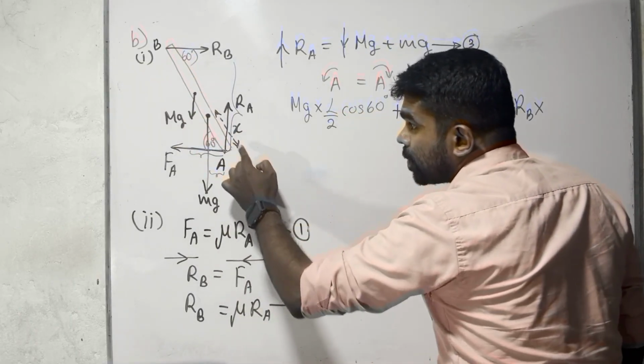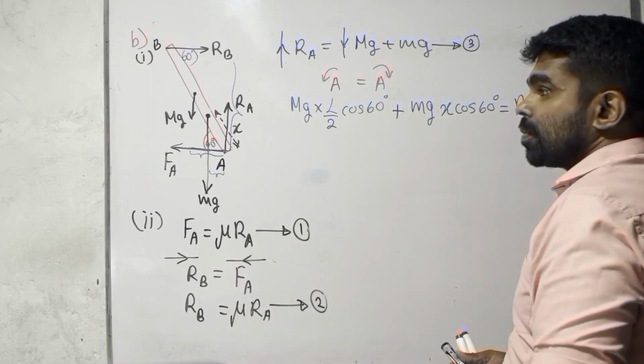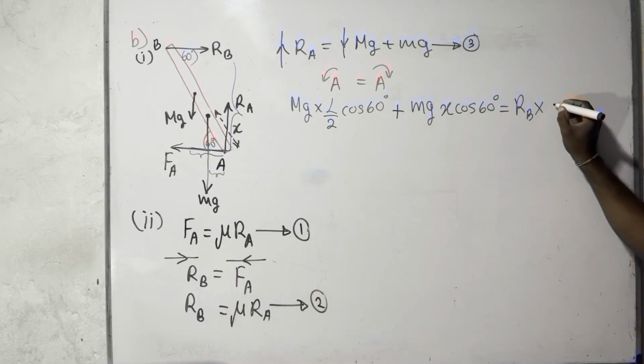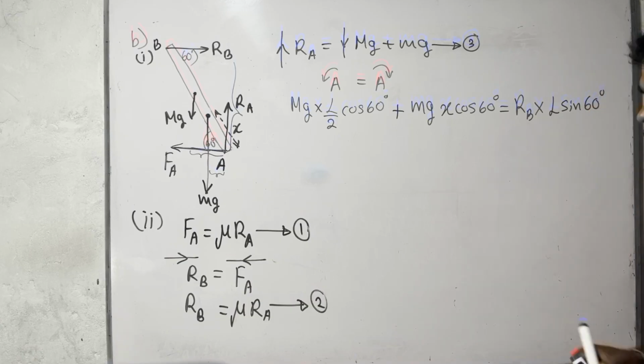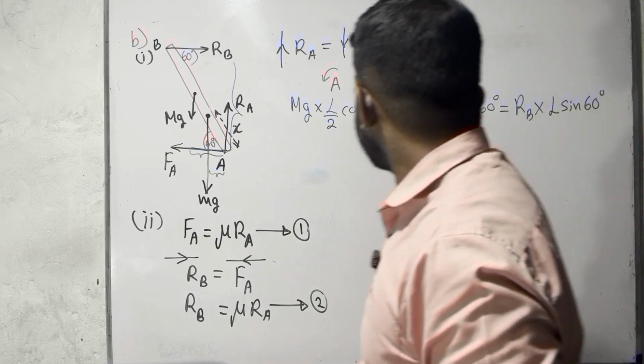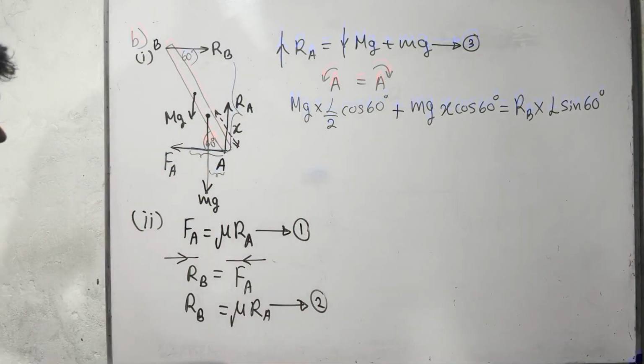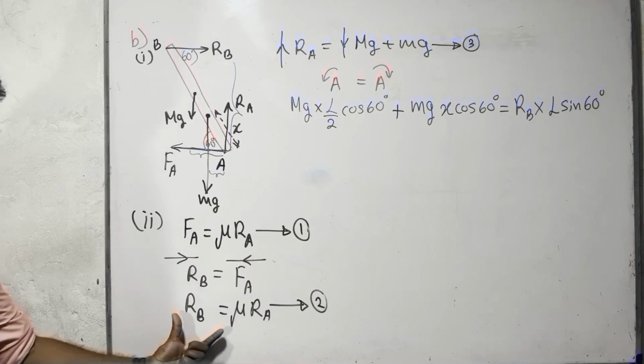Hypotenuse is capital L, we have to get the opposite. Then we write L sin 60. Right now, we have to substitute RB value by using this equation.